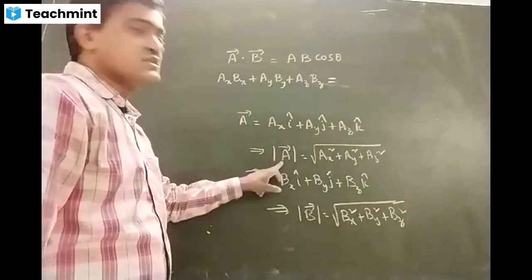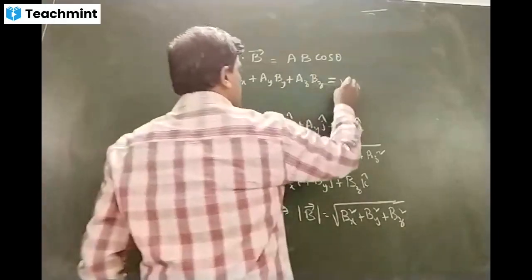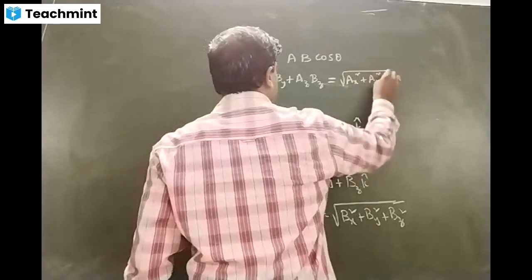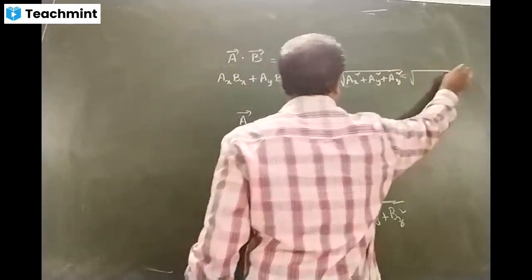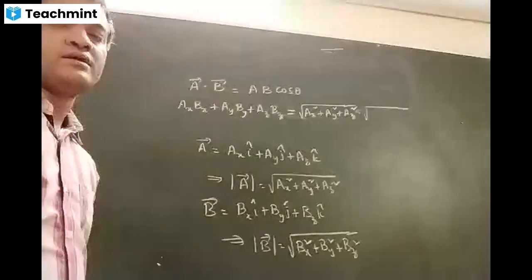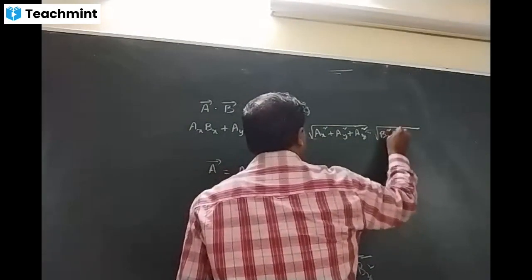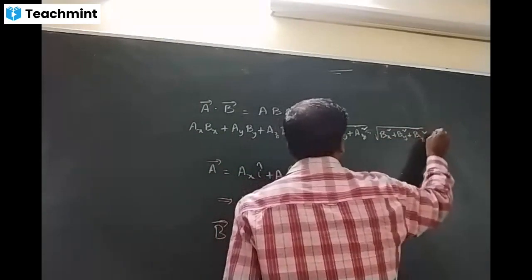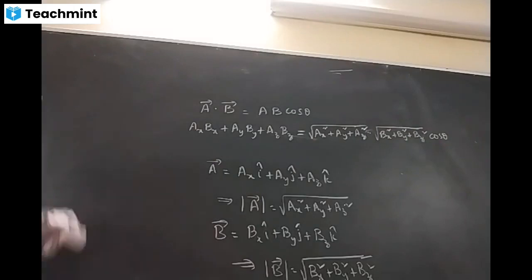A times B. The magnitude of A bar is square root of AX square plus AY square plus AZ square, multiplied by the magnitude of B, square root of BX square plus BY square plus BZ square, into cos theta.